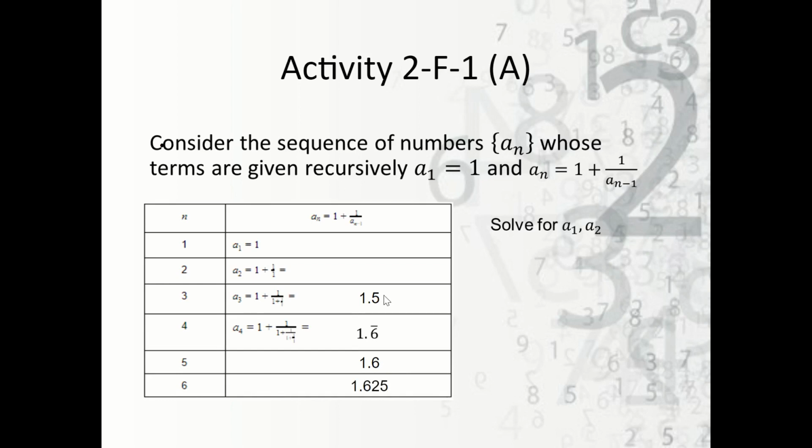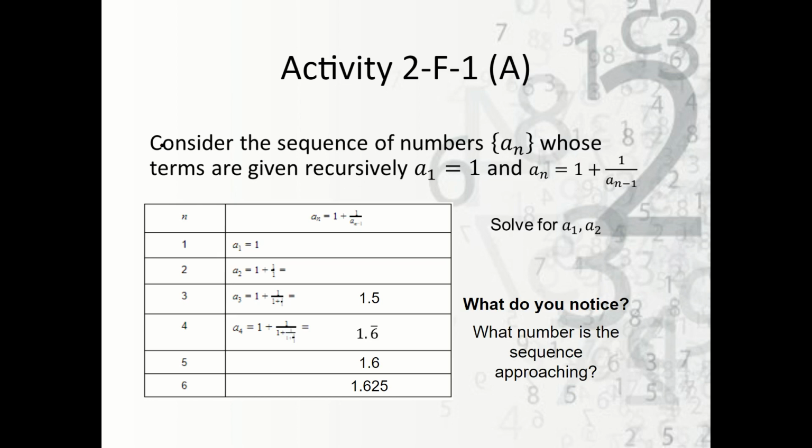We should notice the leap from here to here is a little bit large. It gets smaller and smaller each time, and we're getting closer and closer to something around 1.6. So we should notice that we're approaching some kind of number around 1.62, something like that.